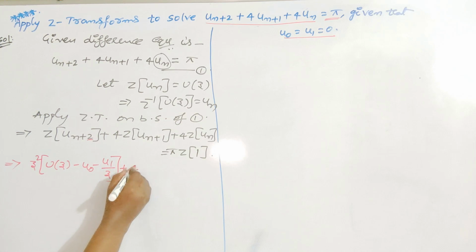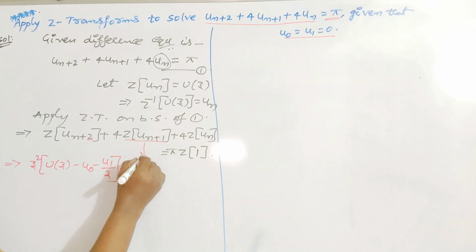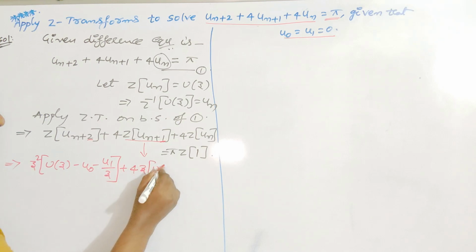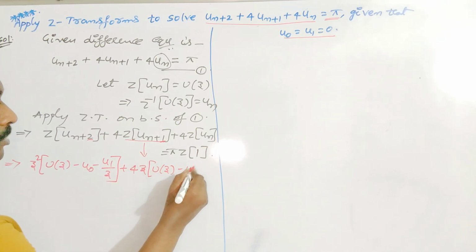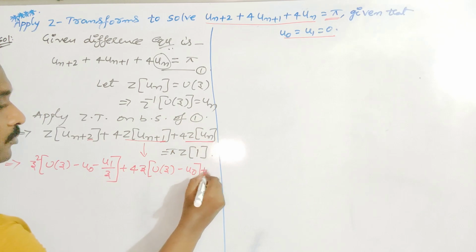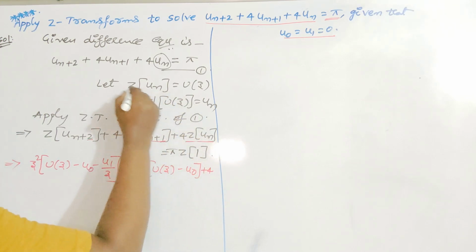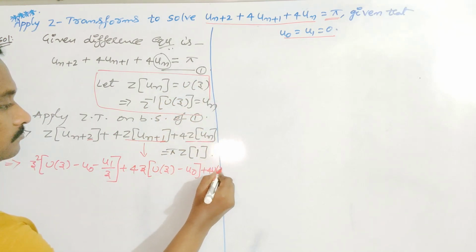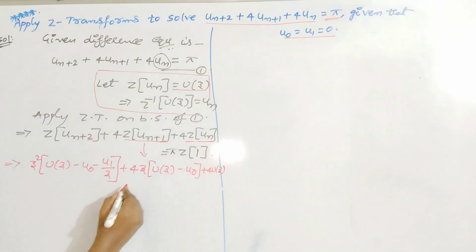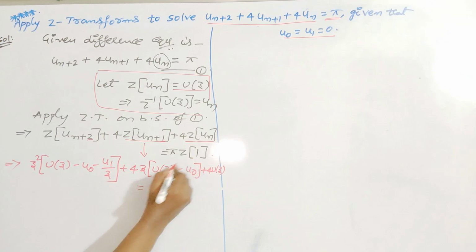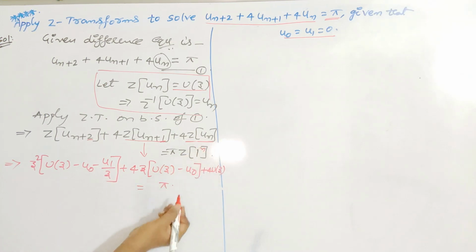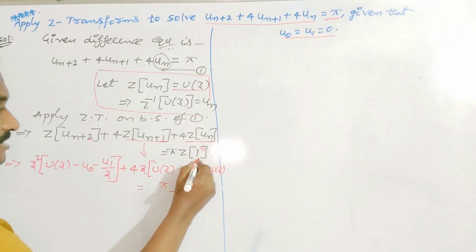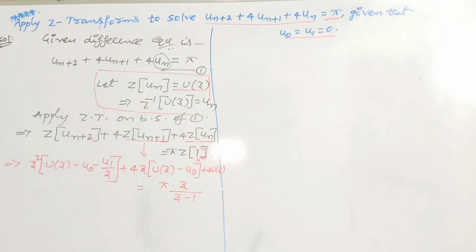Plus 4 into, what is Z transform of u(n+1)? Since it has plus 1, we start with a small z into u bar minus u0. The last term is 4 into, what is Z transform of u(n)? u bar. This is equal to π into, what is Z transform of 1? 1 can be written as 1 power n. That's why z by z minus a, where a is nothing but 1.